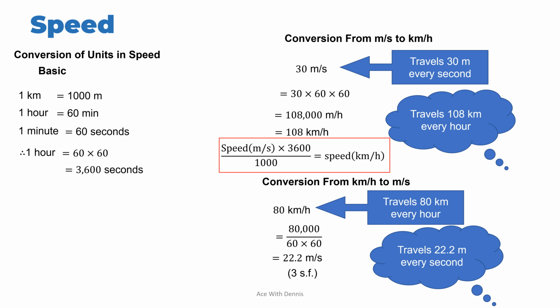This speed tells us that the motion travels 22.2 meters every second. In general, the speed in kilometers per hour times 1000 divided by 3600 gives us the speed in meters per second.